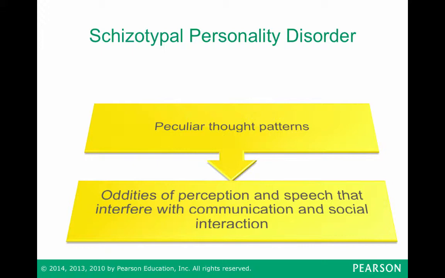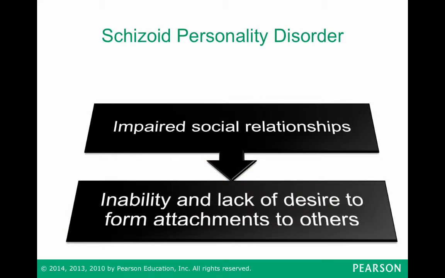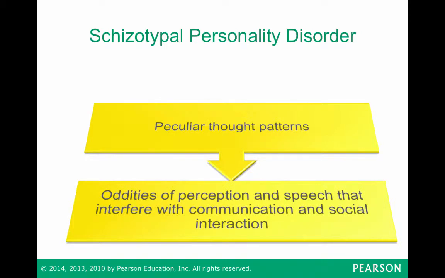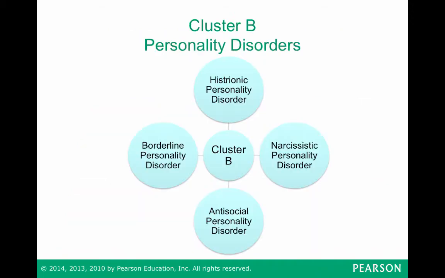So the way they perceive things is skewed and a little odd, and so that interferes with their communication and their social interaction. Now remember, if we go back, the schizoid personality disorder really didn't have a desire to form attachment, but the schizotypal has oddities that make it really hard for them to form those attachments.